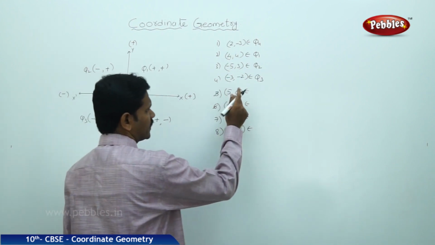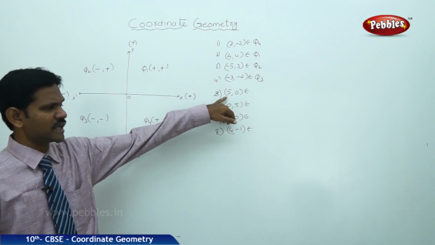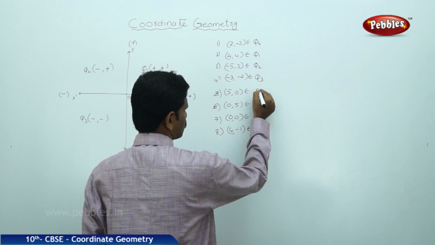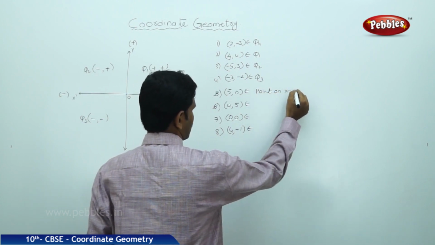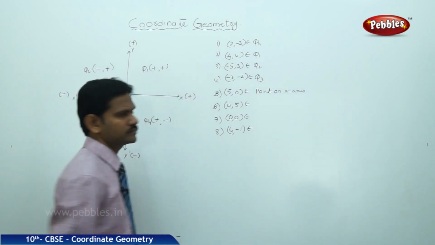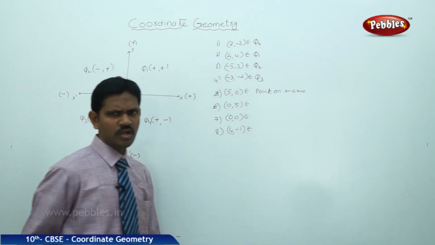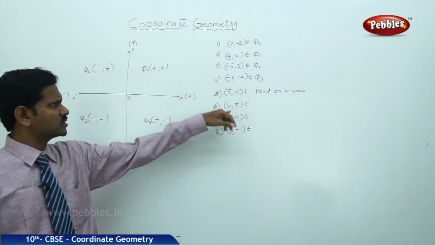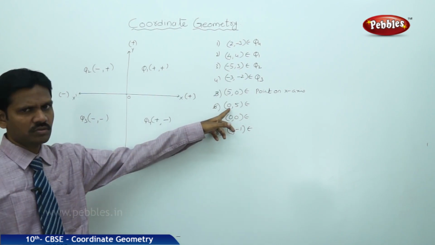Therefore, in 5 comma 0, the 5 is in which position? The x position. Therefore, it is a point on the x-axis. Next, 0 comma 5. Here in place of x, 0 is there. We just discussed a point on the y-axis has x equal to 0.